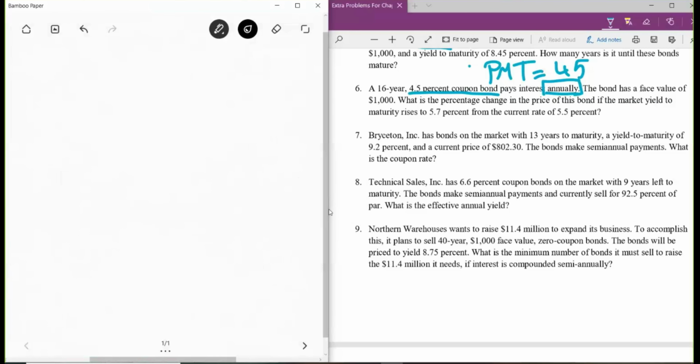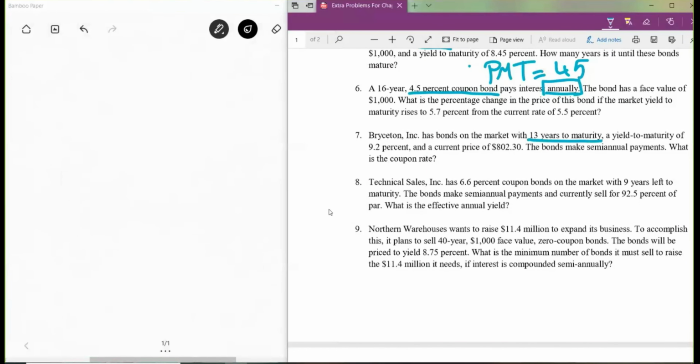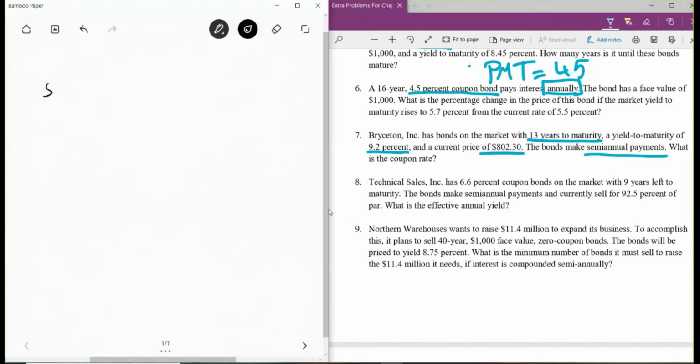Another problem, we have bonds with 13 years to maturity, yield to maturity of 9.2%, price of 802.3, semi-annual payments. This time I need to find the coupon rate.